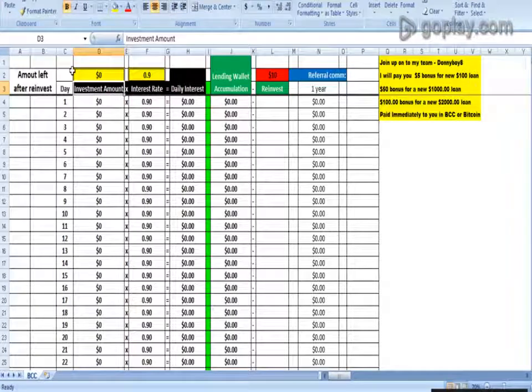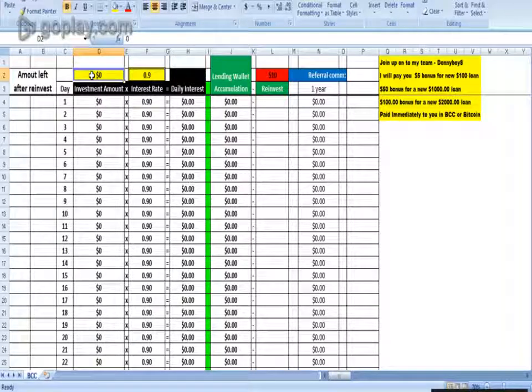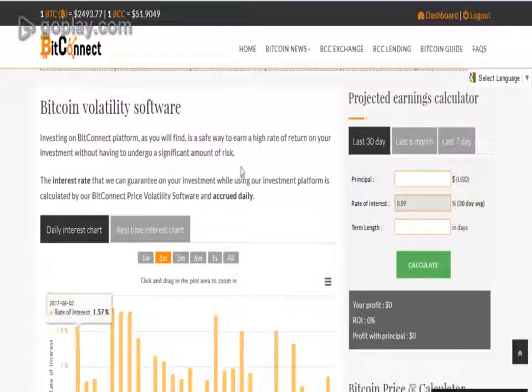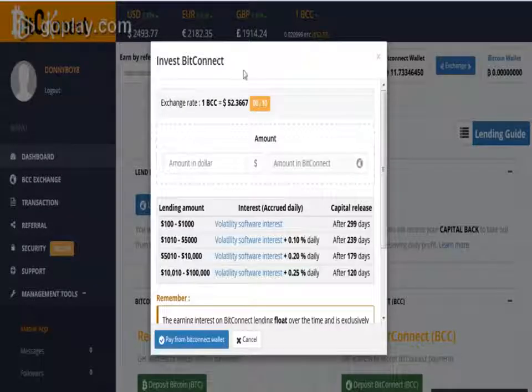Now if you come over here, I have this Excel spreadsheet that I had created. Some other people have Excel spreadsheets, which actually gave me the idea, but I did make my own. If you put the initial investment here, which is in this case $1,010, and again the reason is so that you get the guaranteed interest rate.